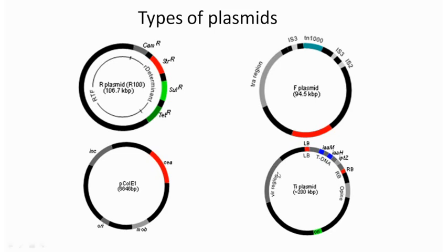This is the vir region because of which the plasmid shows the virulence character. There are many vir genes, about 7 to 8 vir genes, which actually make the connection between the plant cell and the bacterium. They sense the injured portion of a plant cell where the bacterium will deliver the DNA.